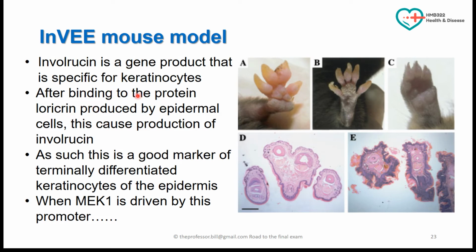So one of the other molecules that is formed by neighboring keratinocytes or epidermal keratinocytes is loricrin. And loricrin will bind to different gene elements, and it will produce in the keratinocytes this molecule known as involucrin.